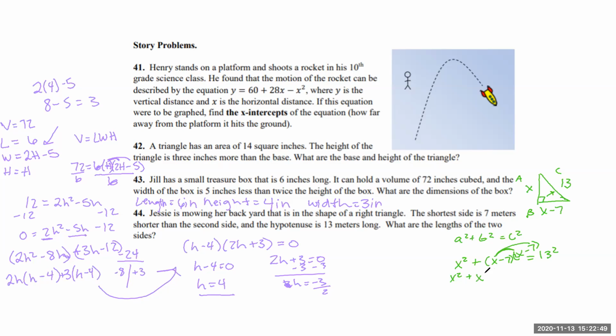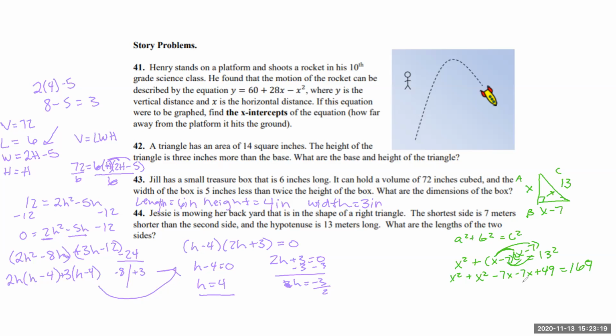So we have plus x squared minus 7x minus 7x, and then plus 49. This is all when we distribute there. Okay, and then 13 times 13 is going to equal 169. Had to make sure. So 169 there.